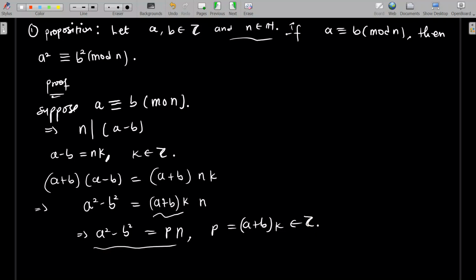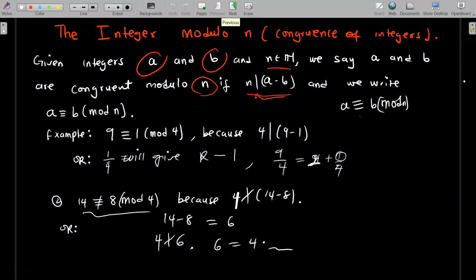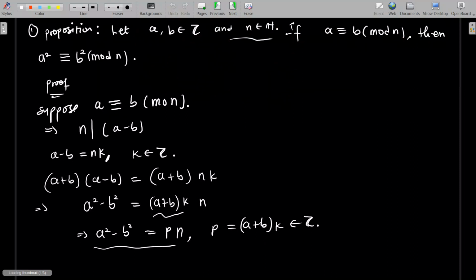This basically is a definition of congruence modulo, right? Okay, I didn't write. Let me explain it here. What this means is that we can write a squared minus b squared as a multiple of n, or as something multiplying n, meaning that n divides what? A squared minus b squared.